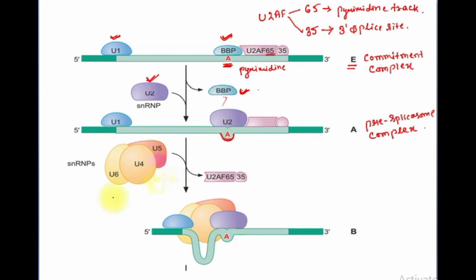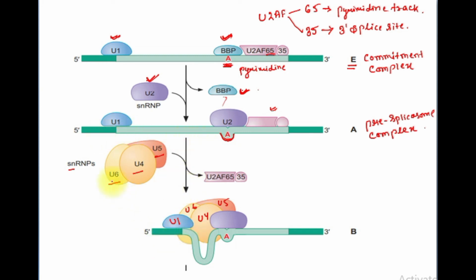In the next step, three snRNPs come. They are U6, U4 and U5. When these three come, the U2AF which was present is removed. Here this is U4, this is U5 and this is U6, and near to it is U1. With the recruitment of U6, U4 and U5, the 5 prime splice site comes near the branch point.